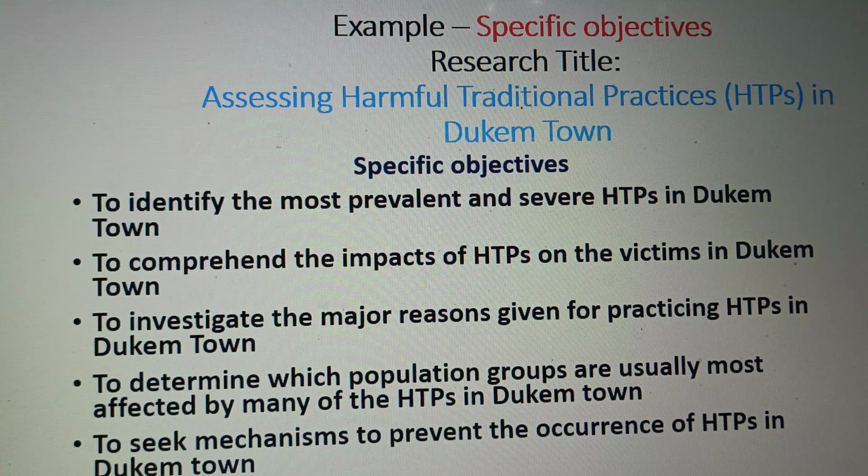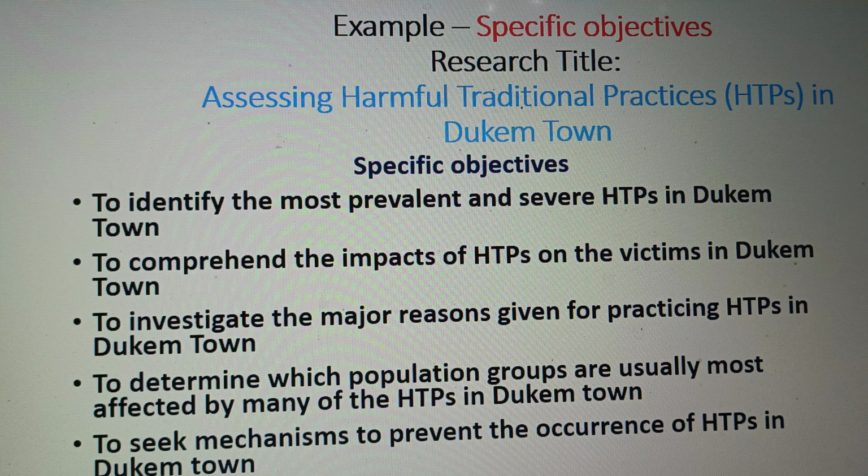That means there are many population groups like children, women, internally displaced persons, vulnerable people, the elderly, and the like. So one of the objectives of this research is to determine which population groups are most victimized by HTPs in that specific town.